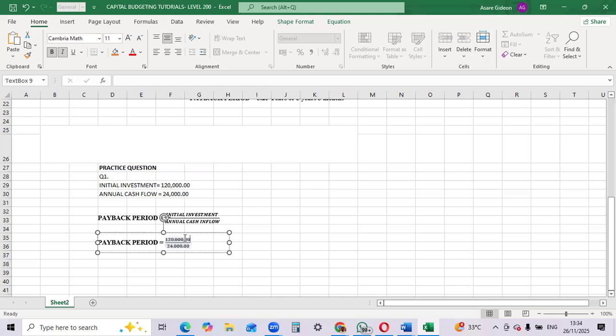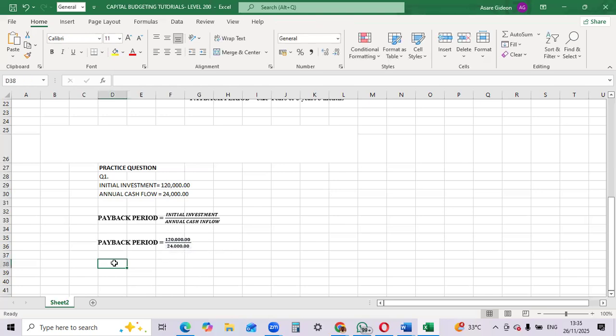Right. So basically, we just want to determine the payback period for that particular activity. Okay. So now we have the initial investment, which is 120,000, divided by the annual cash flow of what? 24,000. Right.